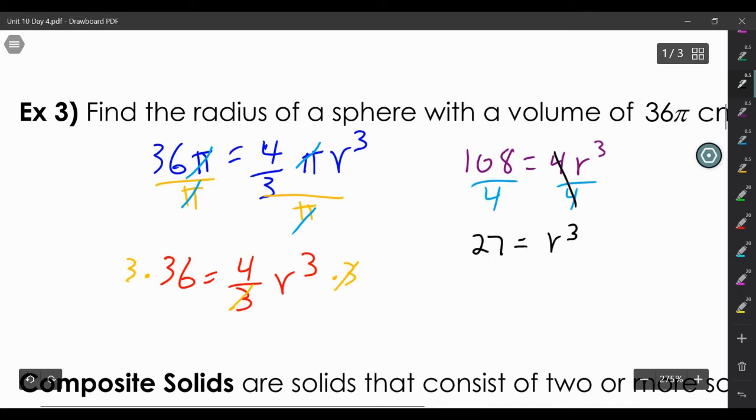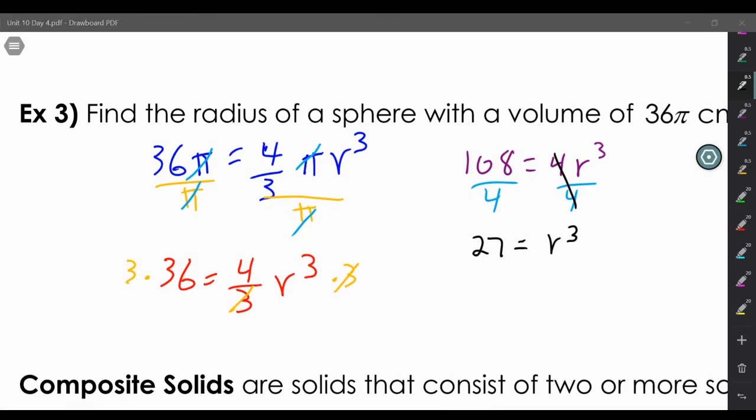Now to find the cube root in these calculators, like I've always said, every calculator is a little bit different. For this calculator, if you press the math button, the fourth one down is the cube root, and that gets you 3.